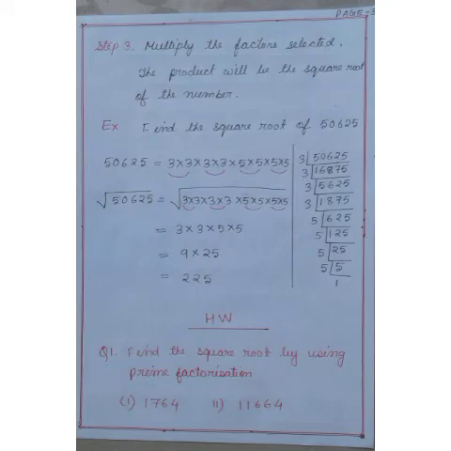I have done one exercise so that you can go through it and learn how to find the square root using the prime factorization method. Question given: find the square root of 50625. So, what is prime factorization? Prime factorization is the method where you have to divide the given number by the smallest prime number by which it is divisible.